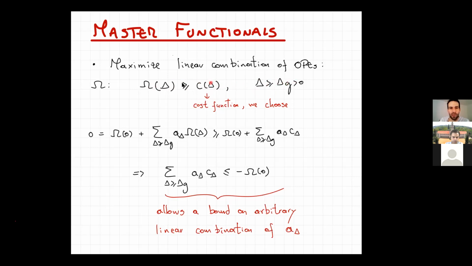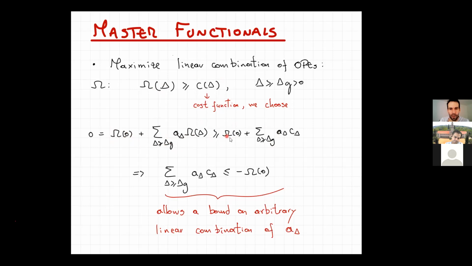Then it's easy to see, if you have a solution to crossing, let us apply this functional to the crossing equation. So you get that 0 is equal, and now let me act with the functional. So I assume that the solution has a gap equal to delta G. So the solution looks like this, omega 0 plus this. And now I know that because of these inequalities, this is larger than this quantity.